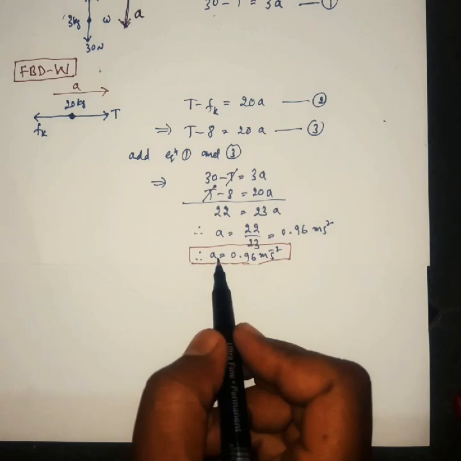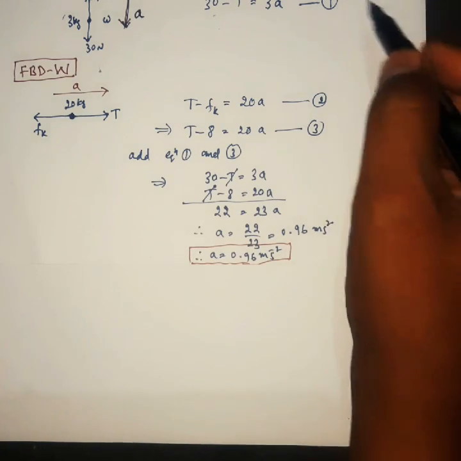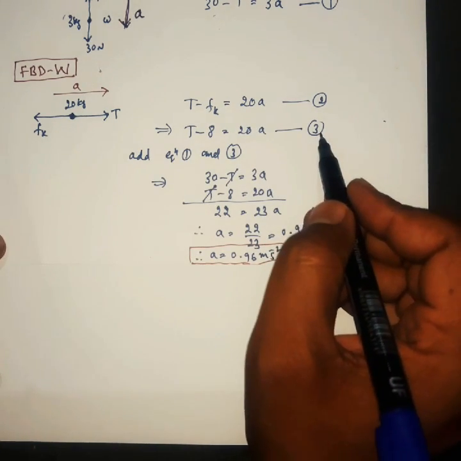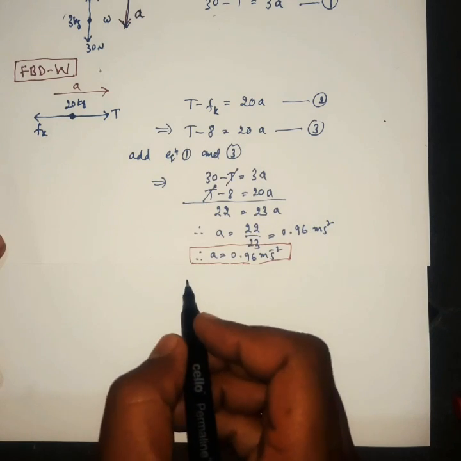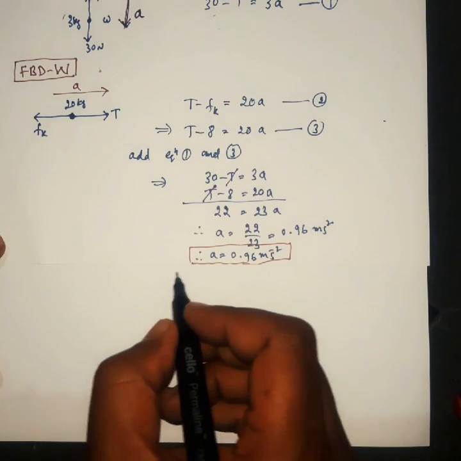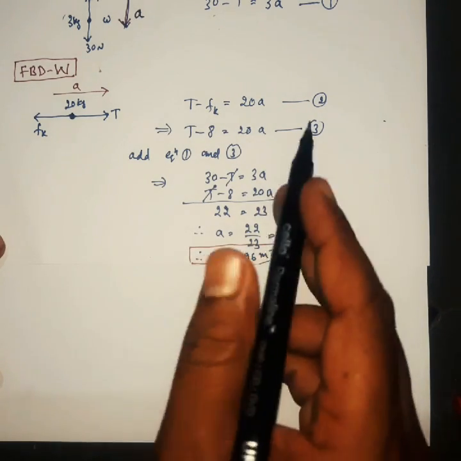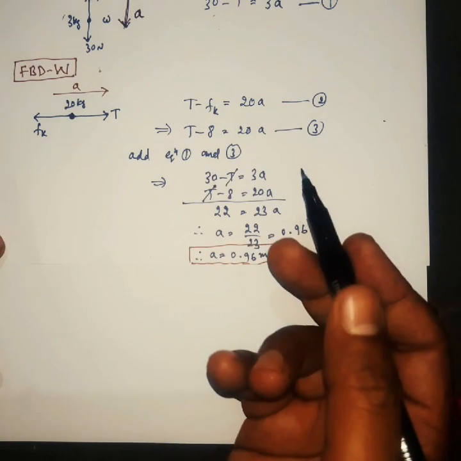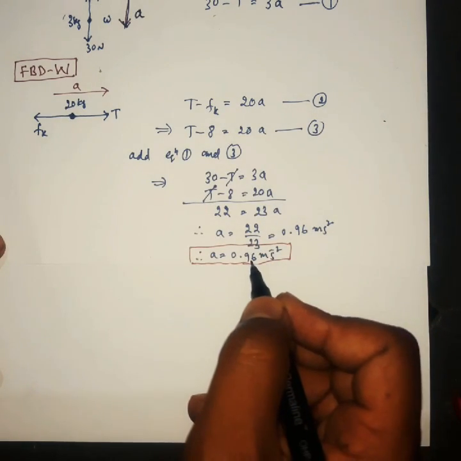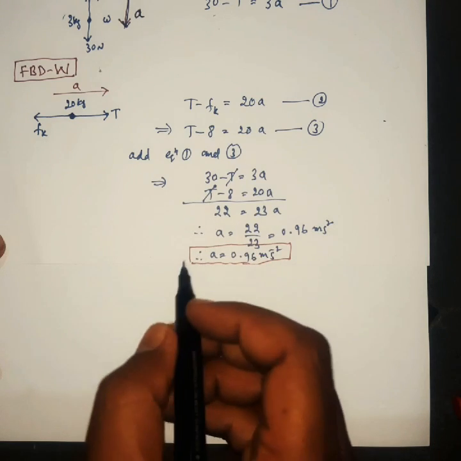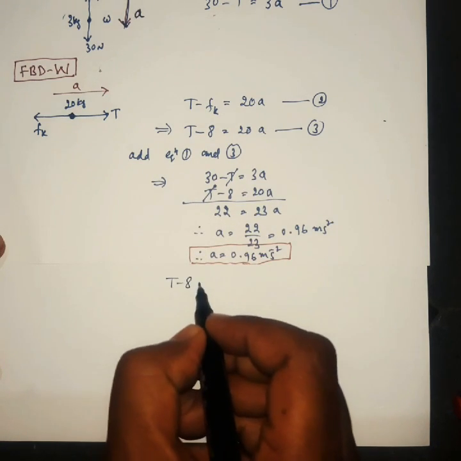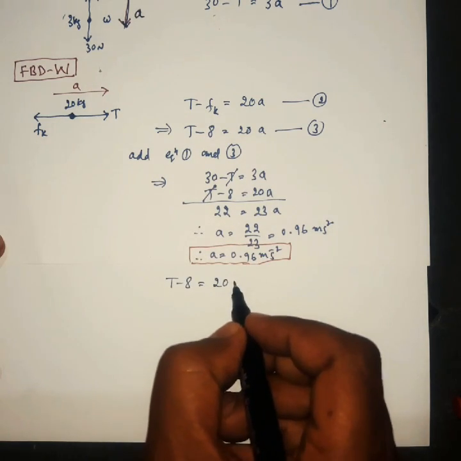This a value is substituted in equation 1 or equation 3. So I am substituting in equation 2. So T minus 8 is equal to 20 into a.